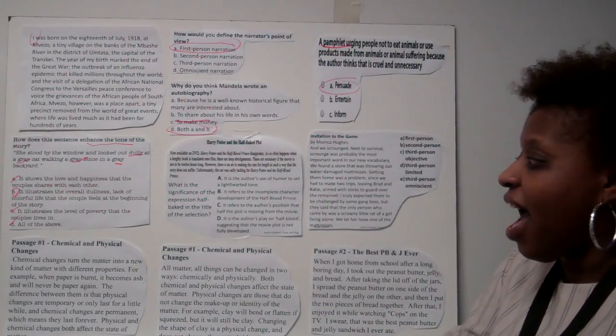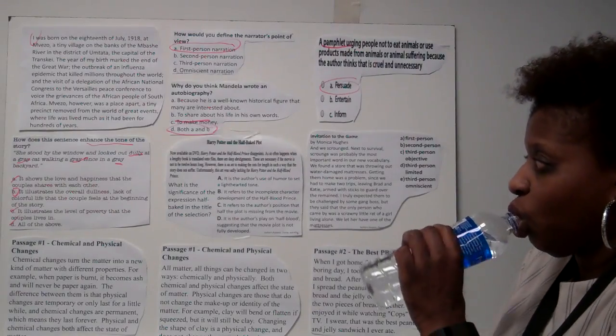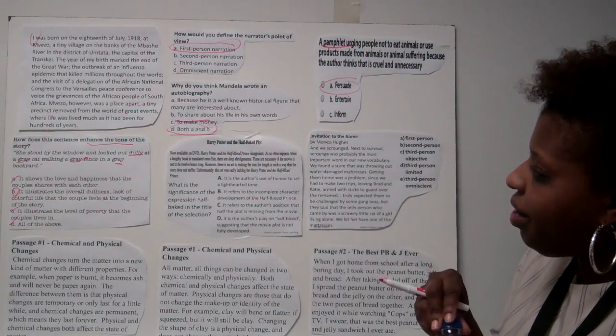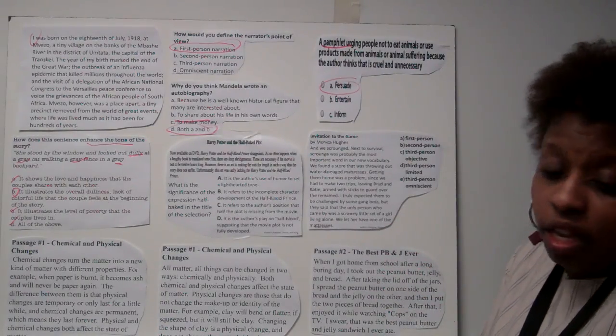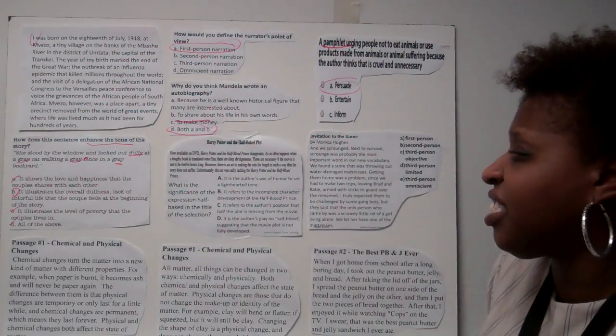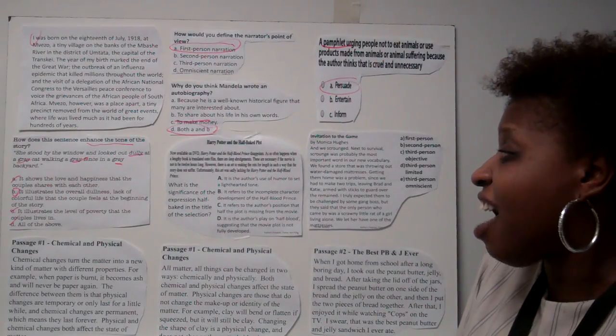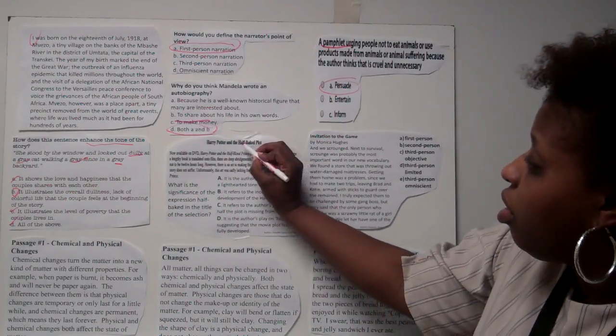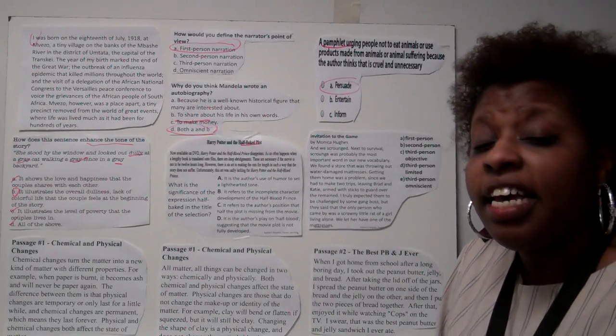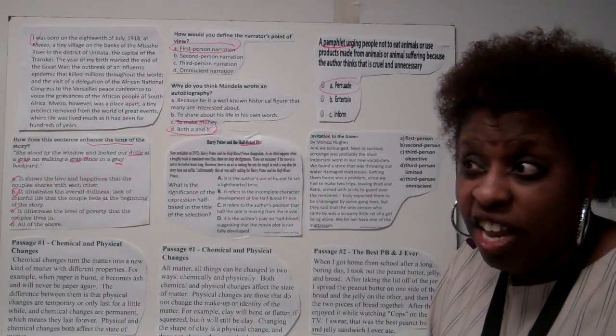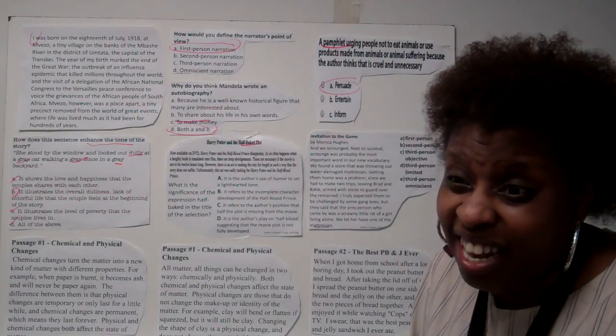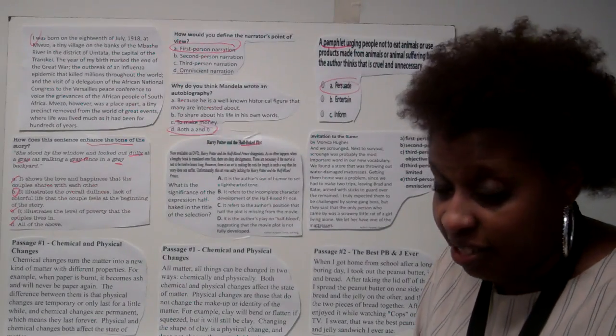Harry Potter and the Half-Baked Plot. So, the question says, what is the significance of the expression half-baked in the title? So half-baked means it's not all the way baked. So that means it's not fully cooked. When something's not fully cooked, it doesn't taste good.